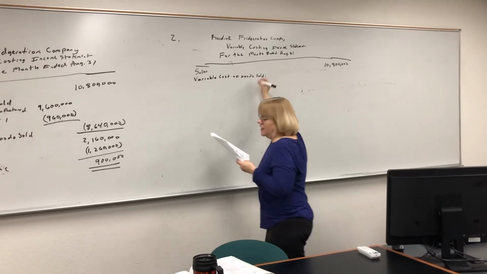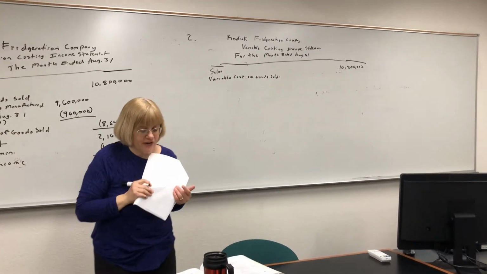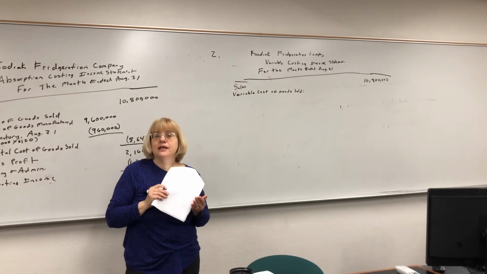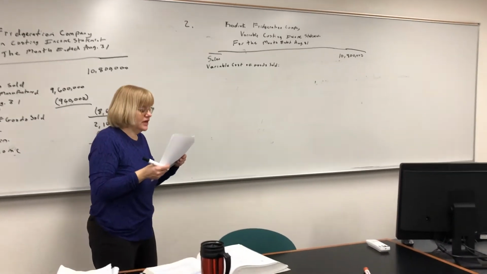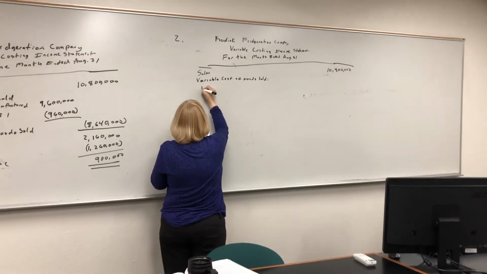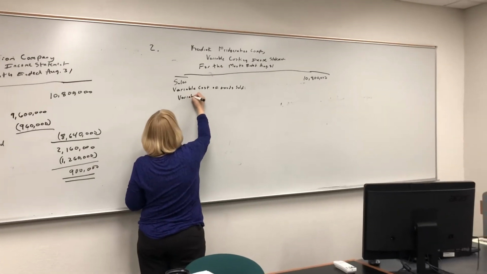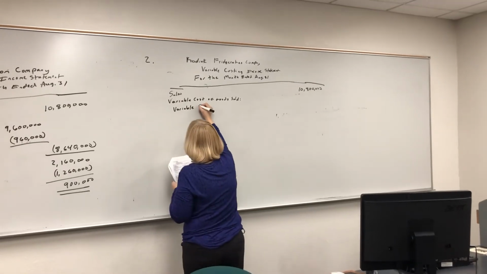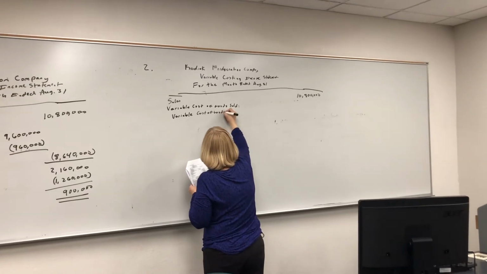In variable costing, remember, our fixed manufacturing cost is treated like a period cost. So we are not going to include that in our cost of goods manufactured. Instead of cost of goods manufactured in the absorption, here we have variable cost of goods manufactured.